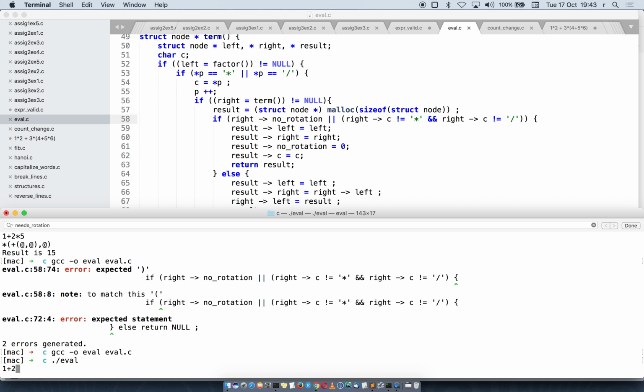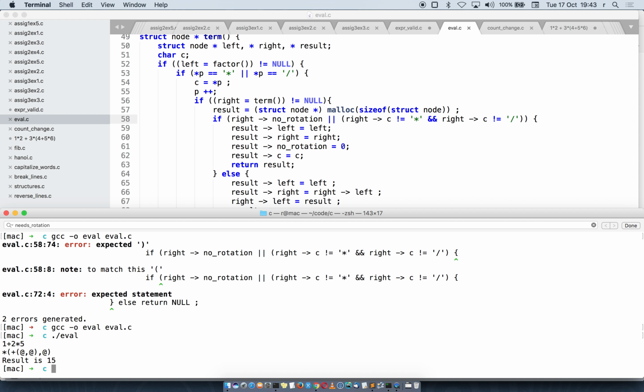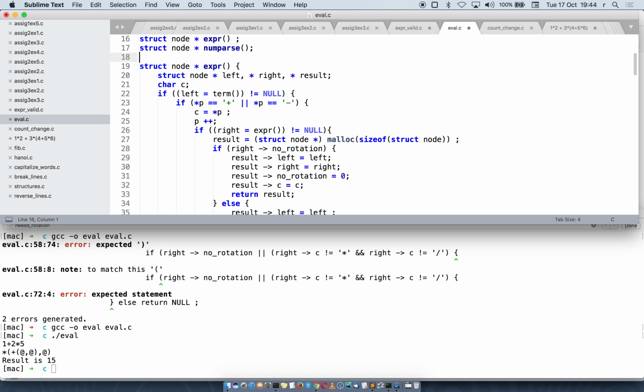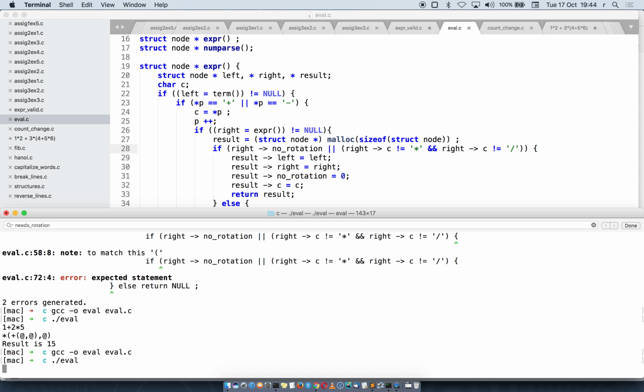So again, 1 plus 2 times 5, and we haven't fixed anything. Oh, I'm sorry. This doesn't belong here. I'm very sorry. This belongs to the expression. So 1 plus 2 times 5.